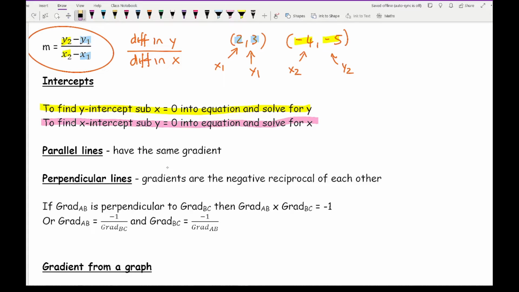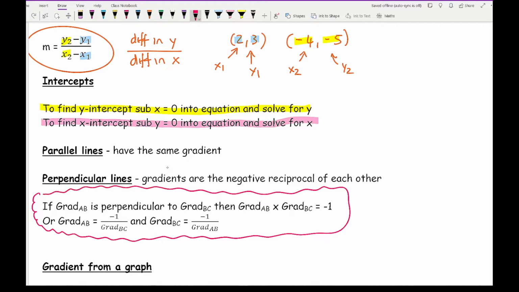Now, if you ever get asked to prove that two lines are perpendicular, or that it represents a right angle triangle, then one proof that you might want to use is this: if they are perpendicular or produce a right angle, then the gradient of BC times the gradient of AC should equal -1. Now again, that's a very A-level-esque proof, but if you're doing high GCSE, you may want to start using that now.